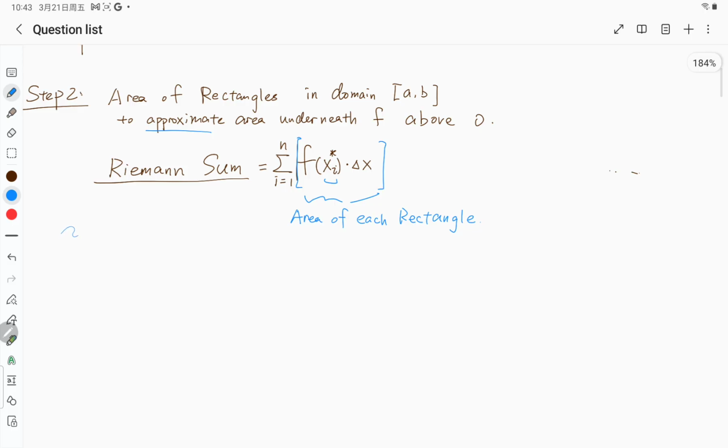So the Riemann sum evaluation will be different when picking a different f(x_i), so the height of the rectangle will be different.